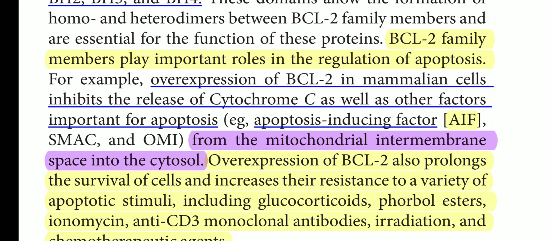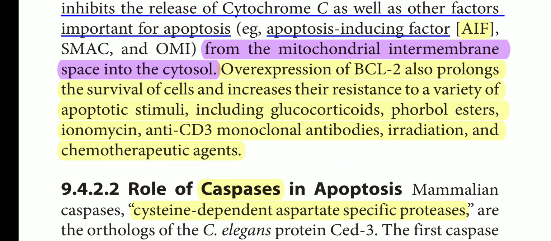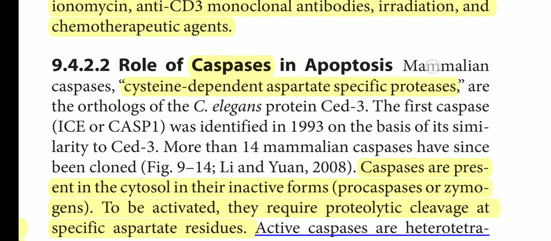Overexpression of BCL2 in mammalian cells inhibits the release of cytochrome C, as well as other factors important for apoptosis like AIF, SMAC and OMI, from the mitochondria to the cytosol. Overexpression of BCL2 also prolongs the survival of these cells and increases their resistance to a variety of apoptotic stimuli.